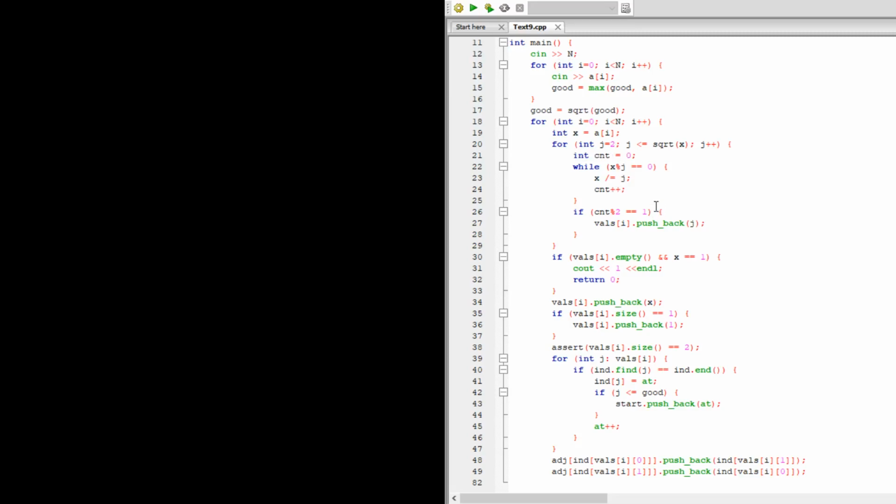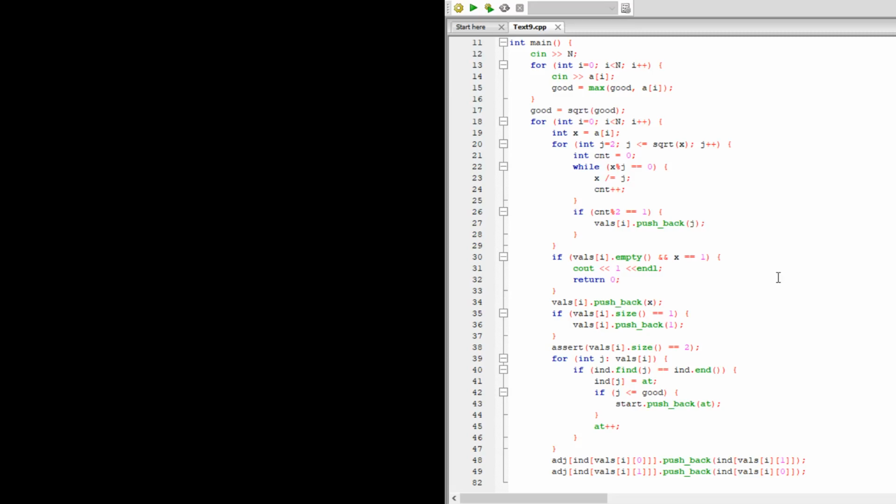While x is divisible by j, we divide x by j and say we've divided once. If we divide an odd number of times, like 1, 3, 5, then we take out the even part. If it's 5, we take out 4 of those. We only leave 1, so one of the prime factors is j.